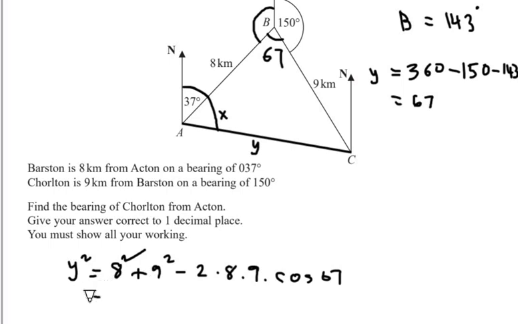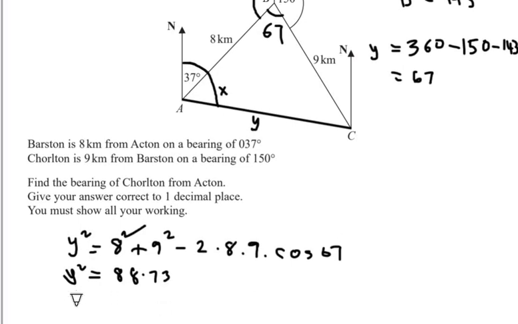And if you work that out on your calculator, you are going to get y squared is equal to 88.73. And so if you take the square root, you are going to get 9.4199.